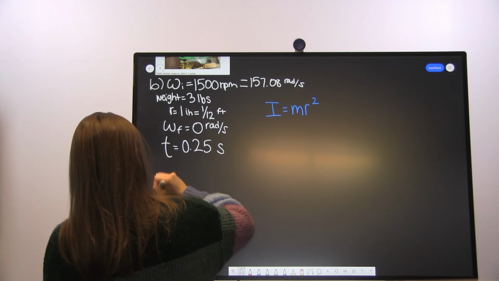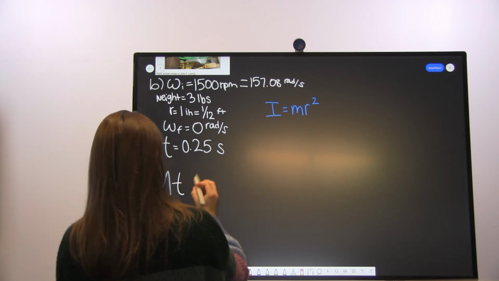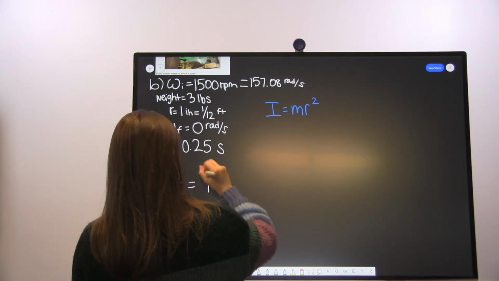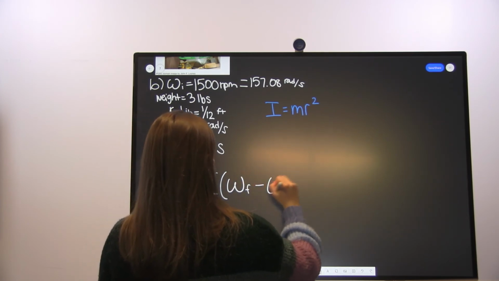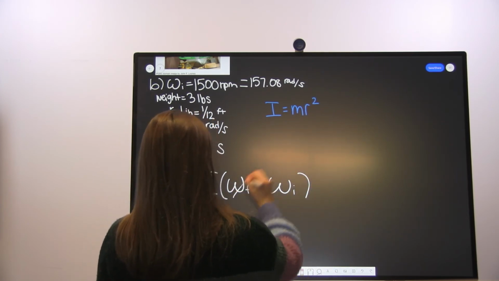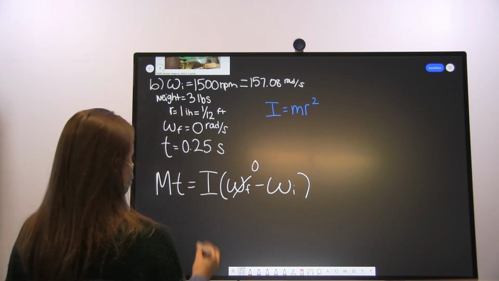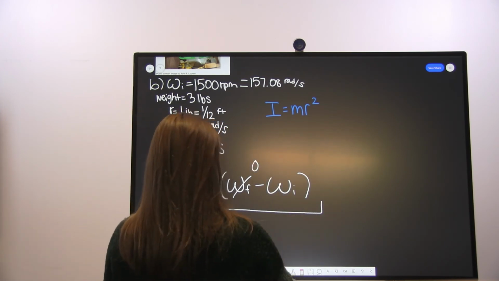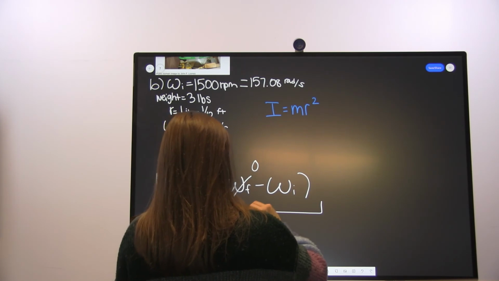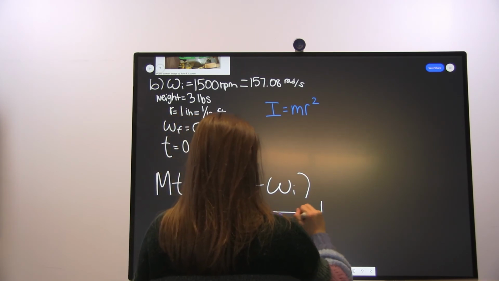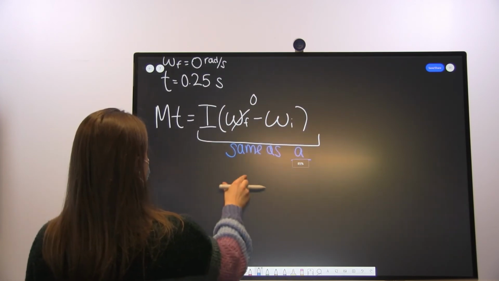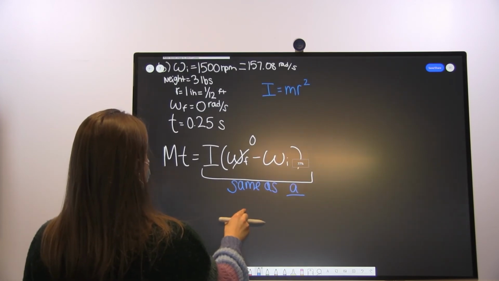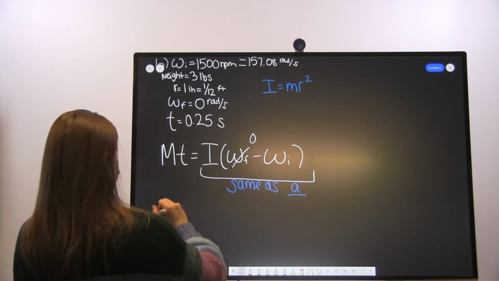So we have moment times time is equal to moment of inertia times final speed minus initial. This is still 0. And this is exactly the same as before, so same as A. So from here, we're just going to plug in our other values.